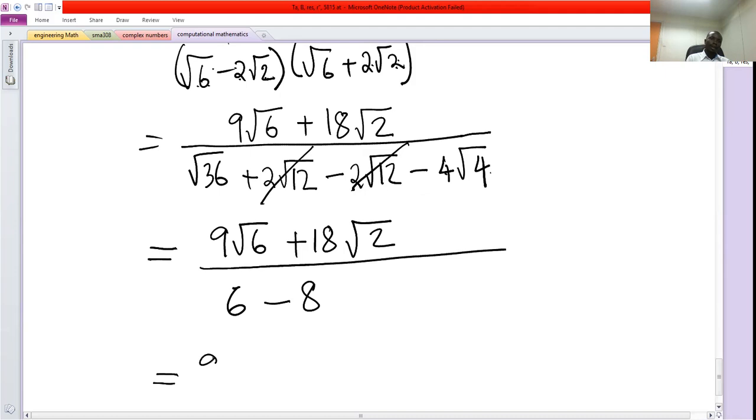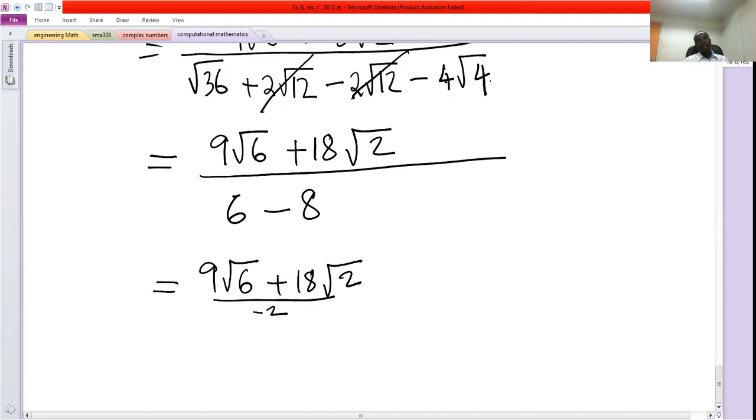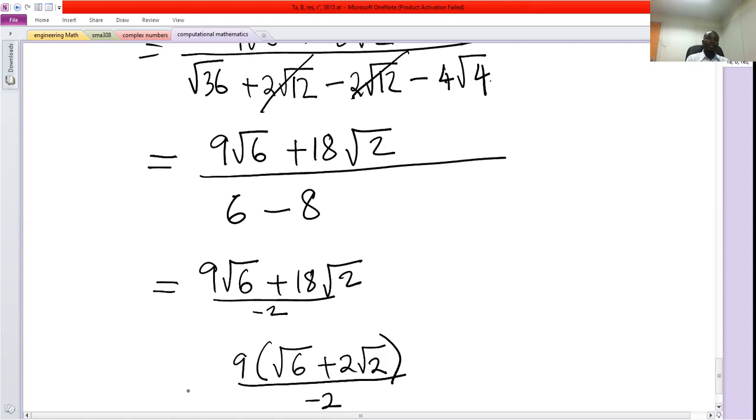So which will be 9 root 6 plus 18 root 2 divided by minus 2. You can write this as 9 into root 6 plus 2 root 2 divided by minus 2. So that is how we solve that.